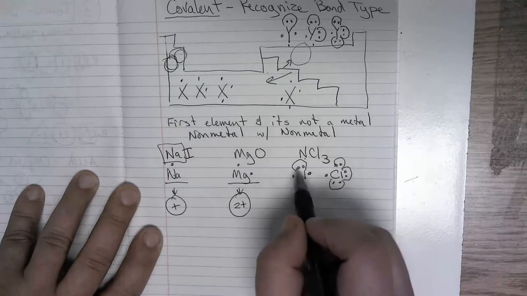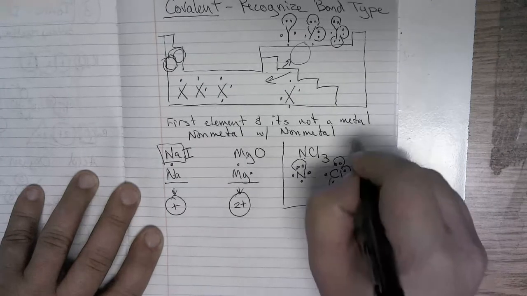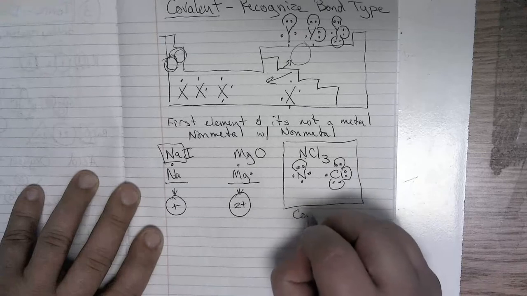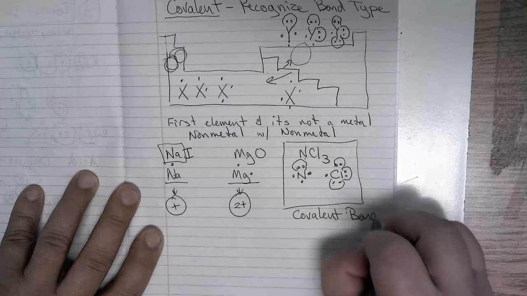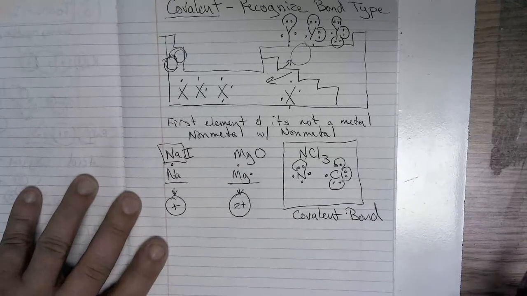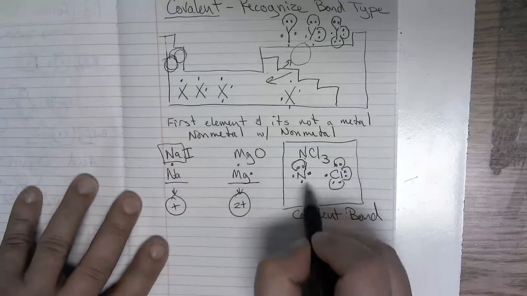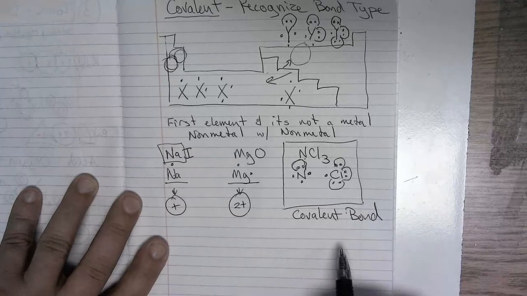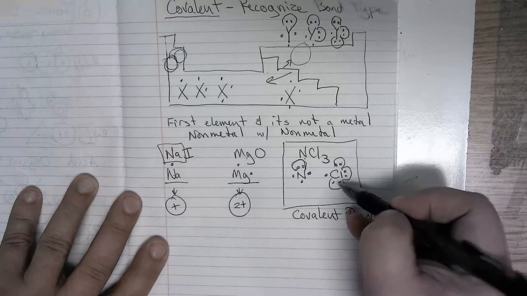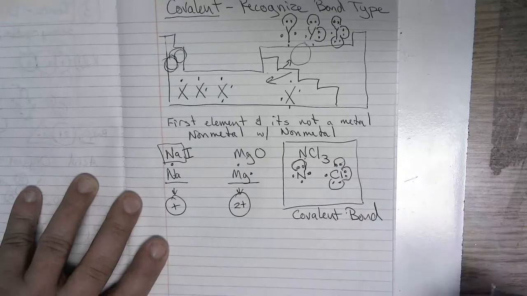They are going to share. And that's how we know that we have a covalent bond. All right? So you've got more dots for both the elements that are coming together. A lot of them have lone pairs that are filling in already.